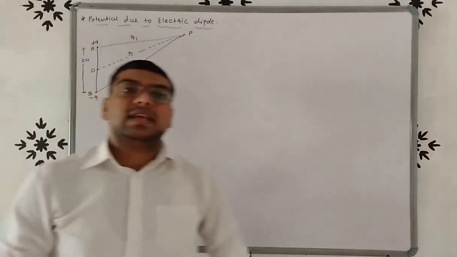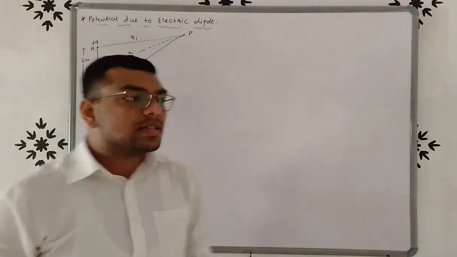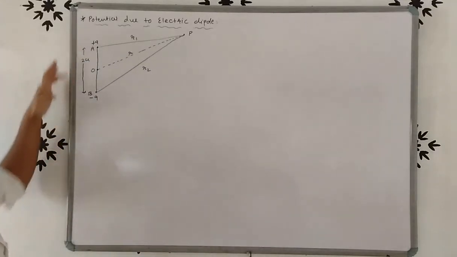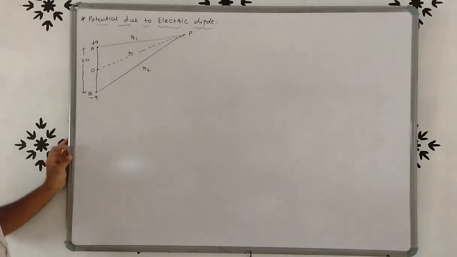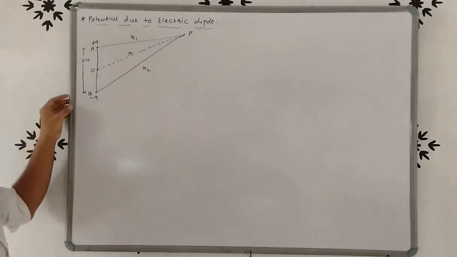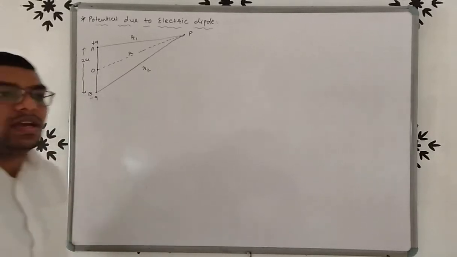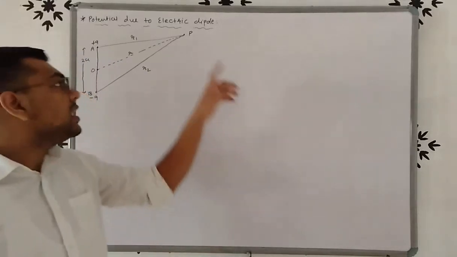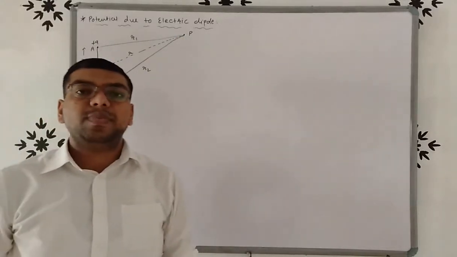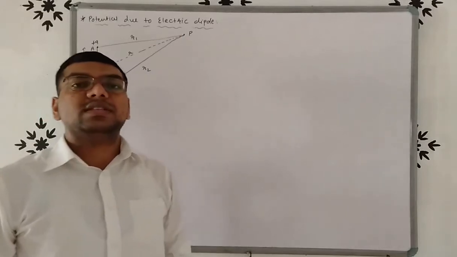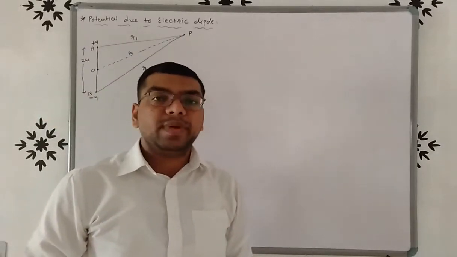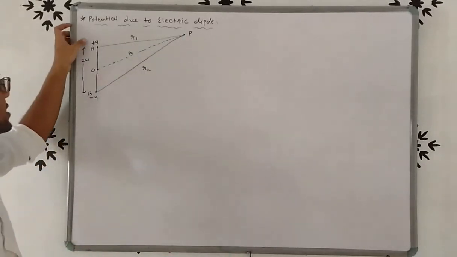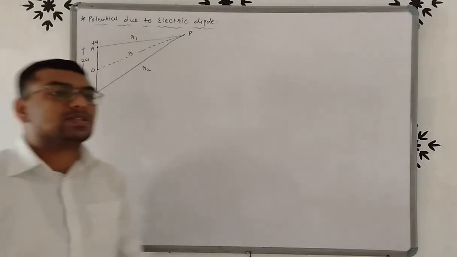So friends, as shown in the figure, this is a dipole having charges plus q and minus q. The distance between charge plus q and minus q is 2a. Here we have to find the electric potential at point P, which is due to charge plus q and charge minus q.